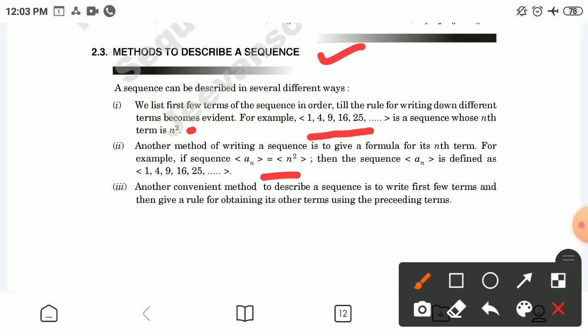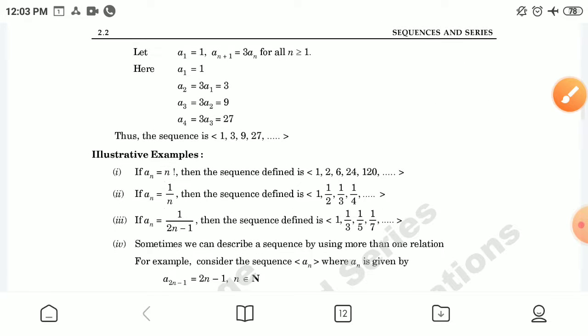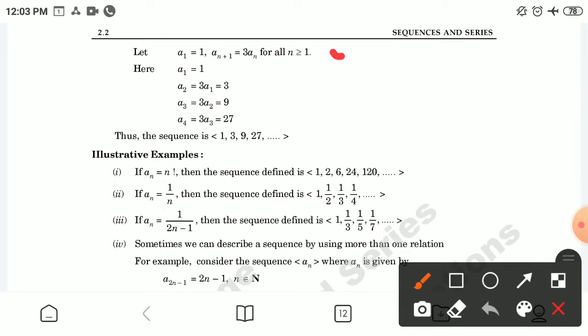Now the third one, another convenient method to describe a sequence is to write first few terms and then give a rule for obtaining the other terms using the preceding terms. For example, let a1 equal to 1, a_(n+1) is equal to 3 times a_n, and this is for all n greater than or equal to 1.